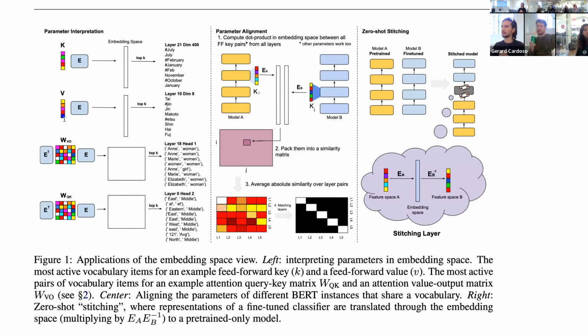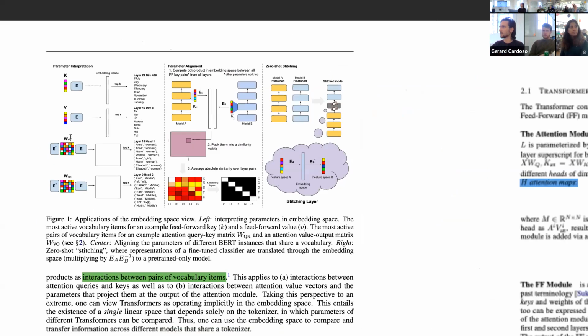But where you have the key, value, and output weights of the attention matrix, you can do some interesting algebraic leaps to get to a point where you can think of mapping the interaction between the query and the keys and the values to interactions between tokens or interactions between vocabulary items. So this is the extension that this paper adds.